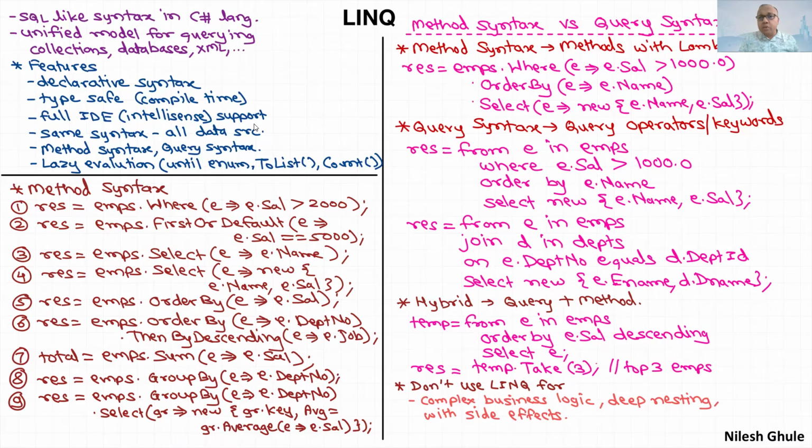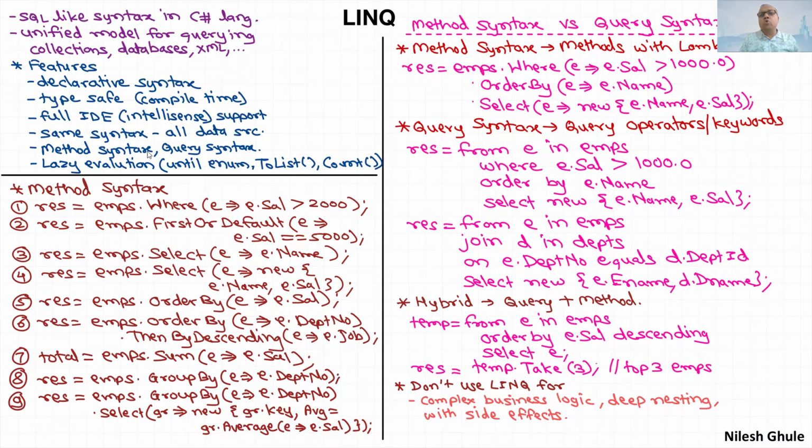However, LINQ is very much integrated into the language syntax and you get full-fledged IDE support with IntelliSense for LINQ. This reduces the chances of syntactical mistakes. Then, as I said, it is a unified model. You can use the same syntax for collections, databases, and XML.